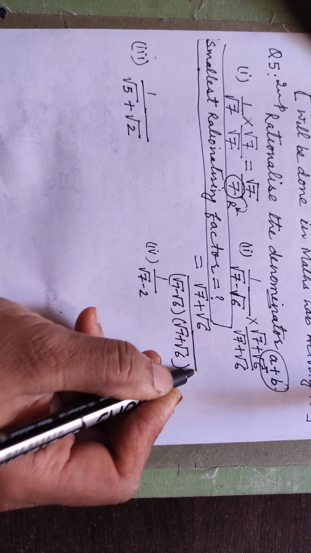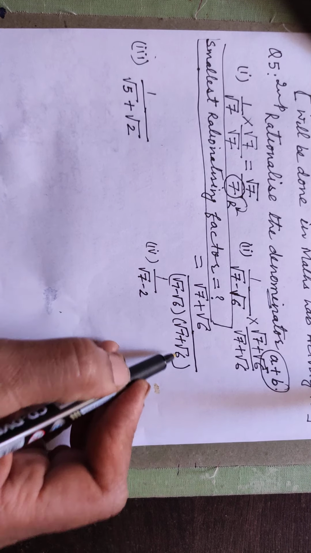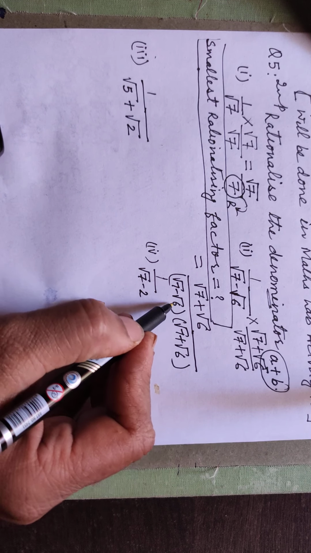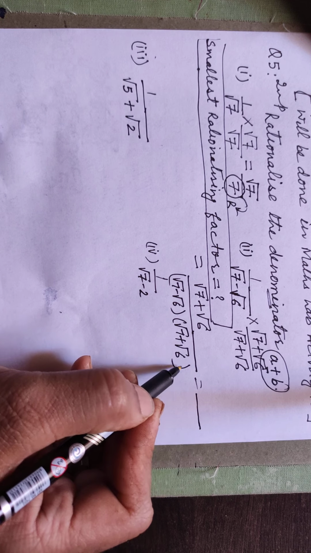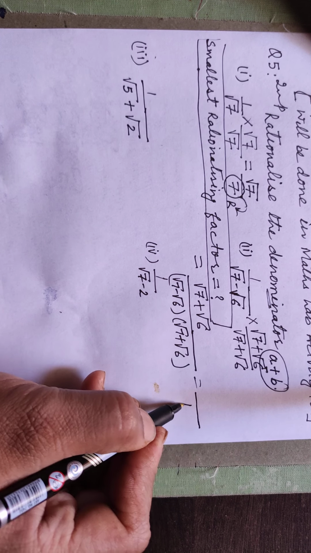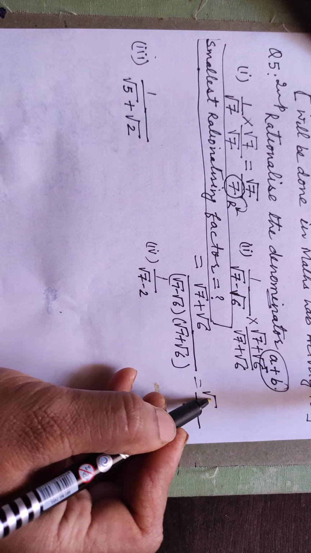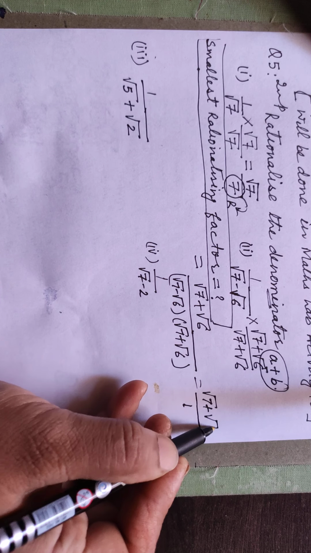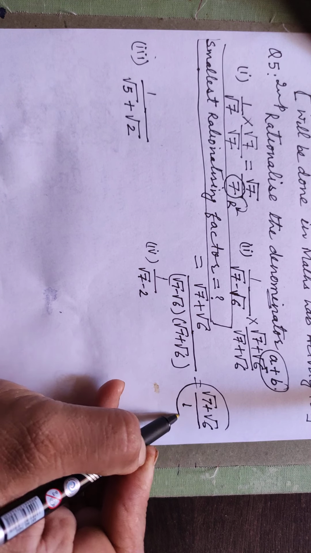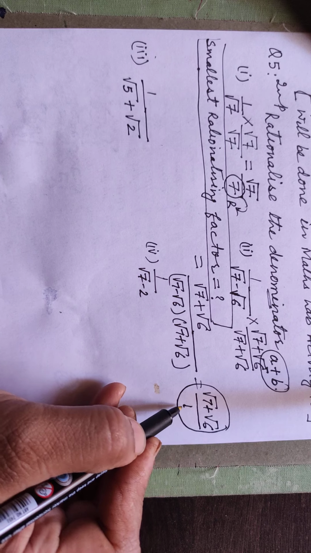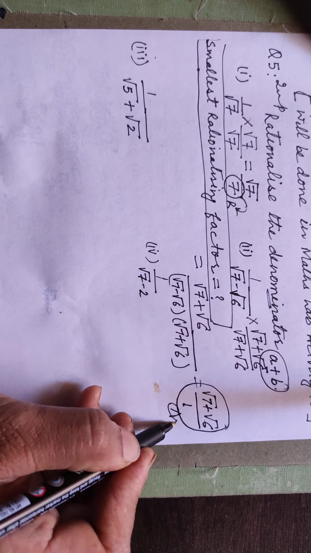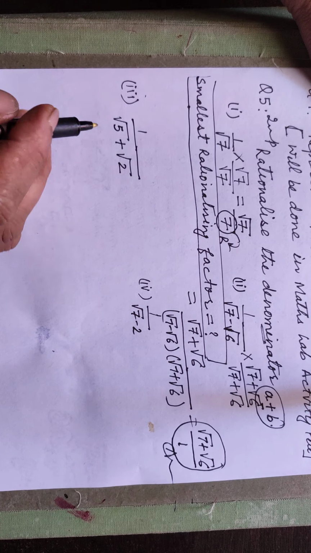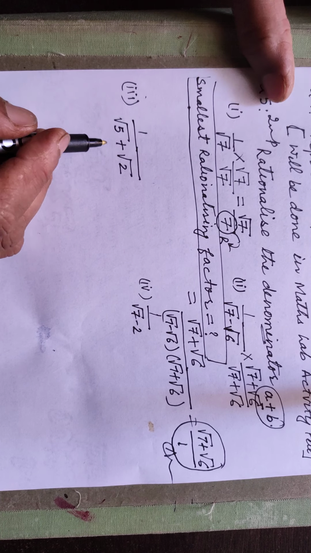As done in the previous questions, this denominator is of the form a minus b, a plus b. So the denominator would be 7 minus 6, which is 1, and the numerator is root 7 plus root 6. So this is your number whose denominator is a rational number. This is your answer.